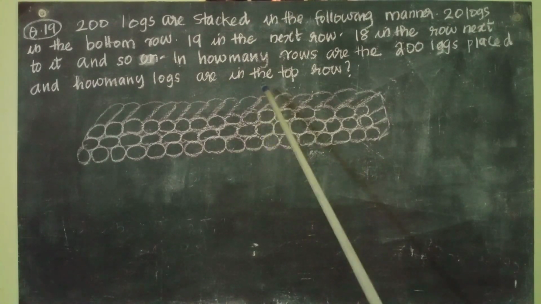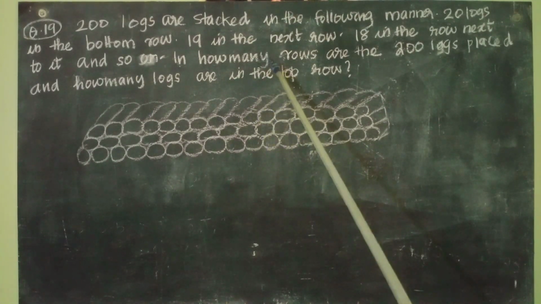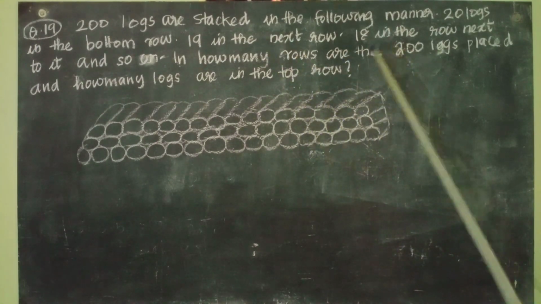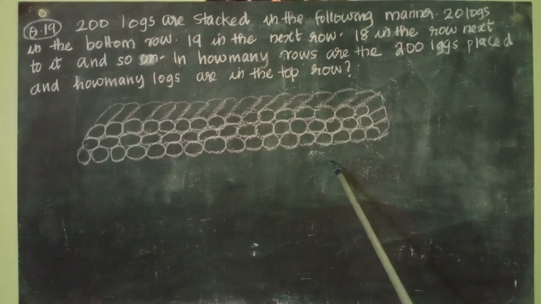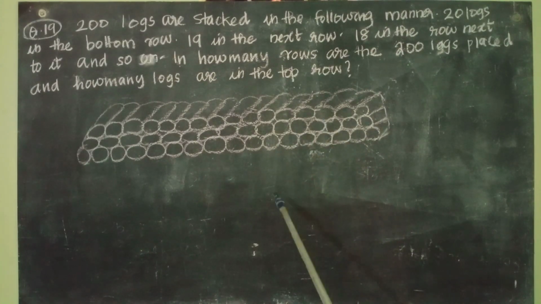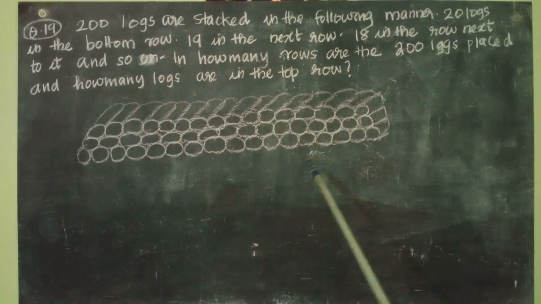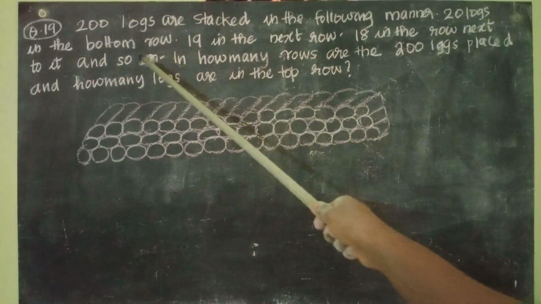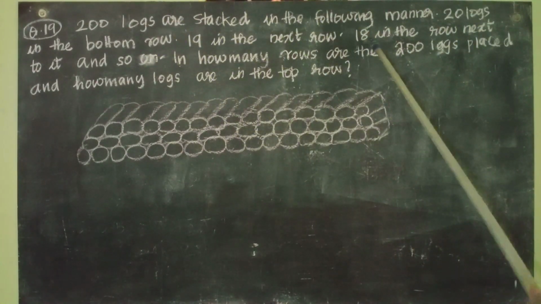How many logs are in the top row means we have to find out an. How many rows are there means we have to find out n. Now first we can find out the AP. It is very easy. 20 is in the first row, 19 in the second, 18 in the third.